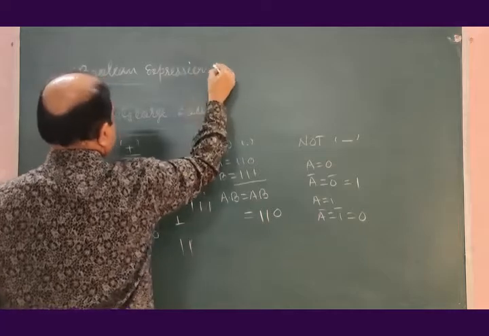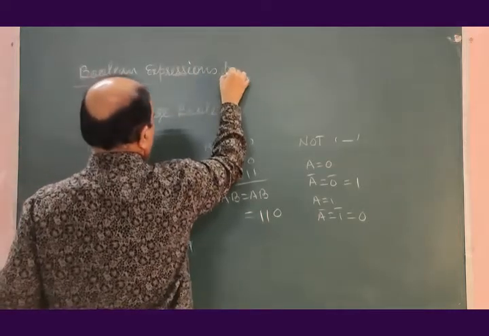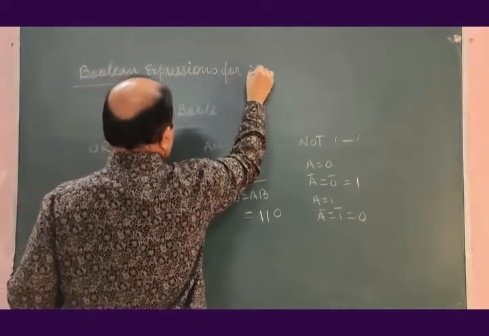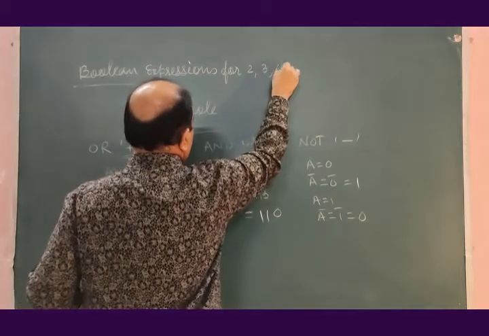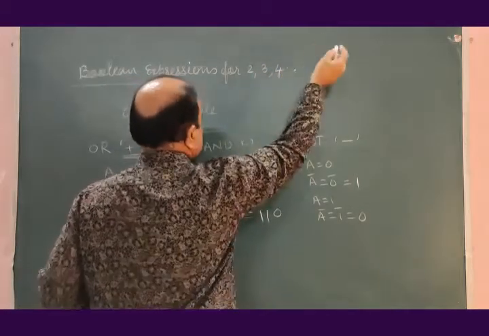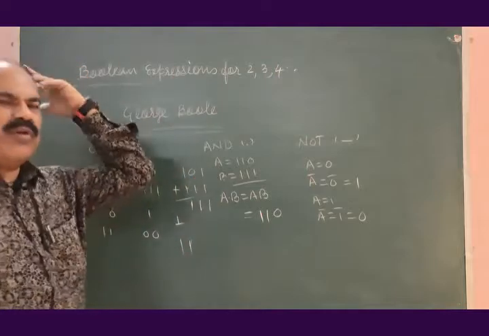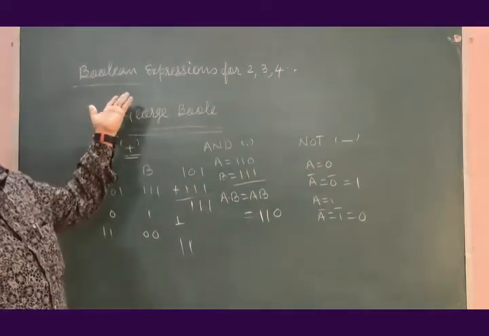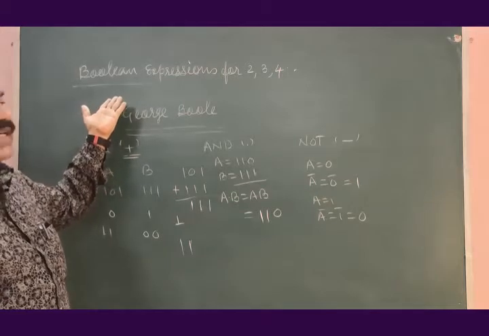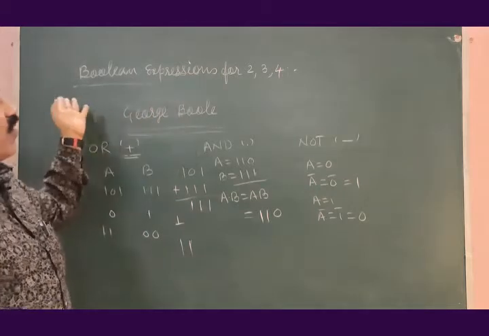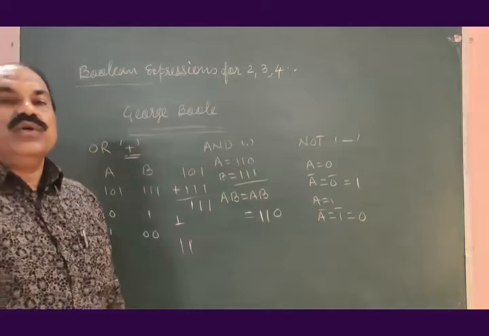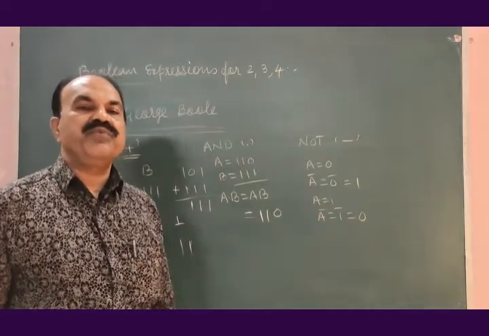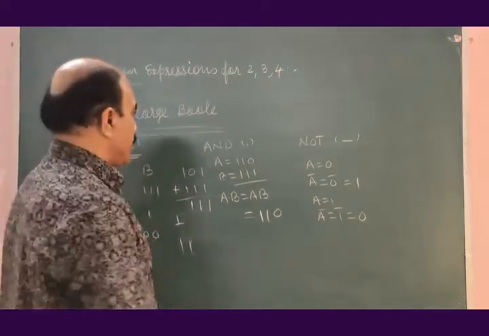Boolean expressions or equations for 2 input, 3 input, 4 input, etc. We can go for more number of inputs. For your syllabus, you are asked to study Boolean expressions or Boolean equations for 2 inputs, 3 inputs, 4 inputs.